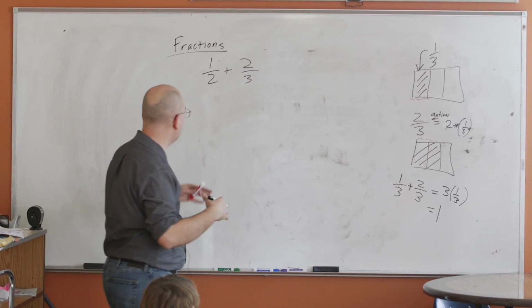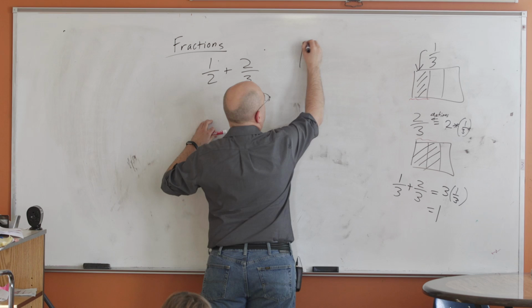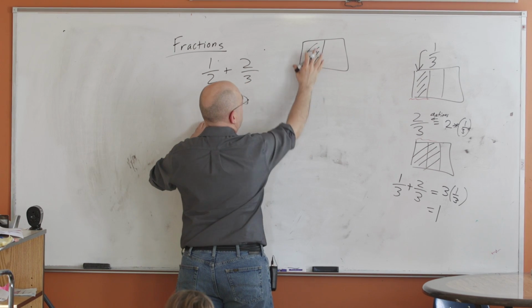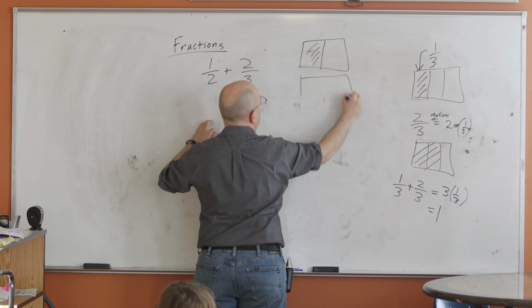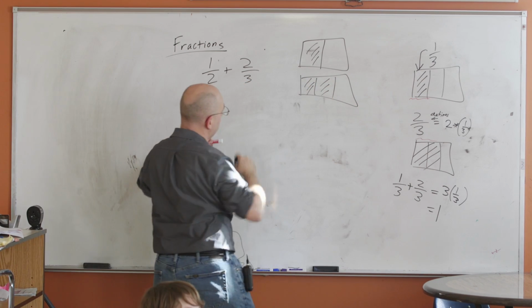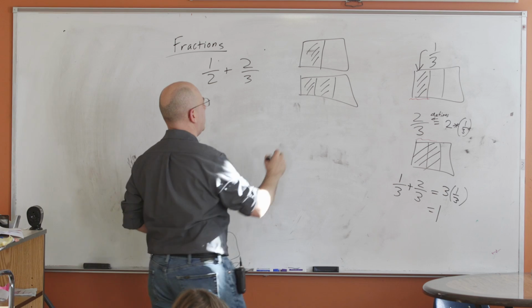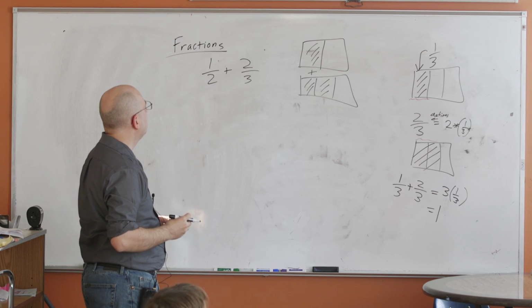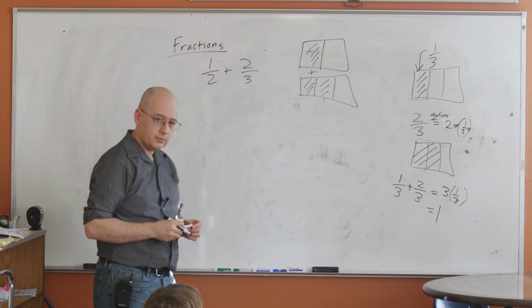So pictorially, we're trying to take that 1/2 and divide this up into thirds, and you've got 2 of these 3 parts, and you want to somehow add them. And so what do you have to do?